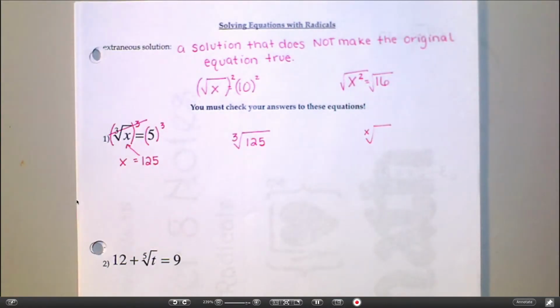Okay? What'd you get, Emily? For the cube root of 125? Yep, you did 3 times the square root of 125. You want 3, and then you want to use that one that has the x with it.